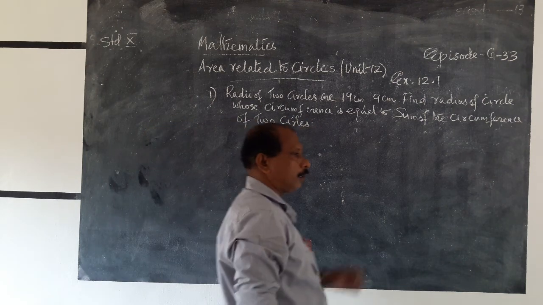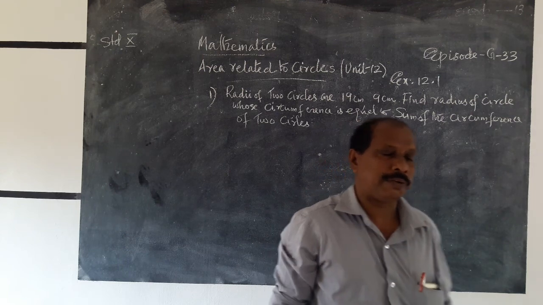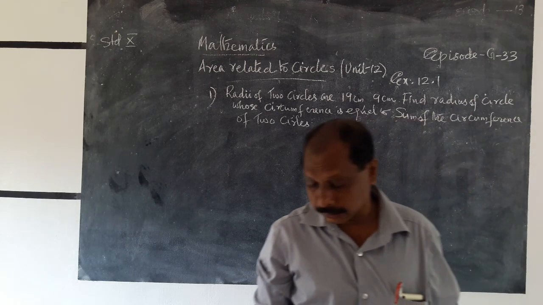Okay. That means we can find out the radius of a circle whose circumference is the sum of the circumferences of two circles.